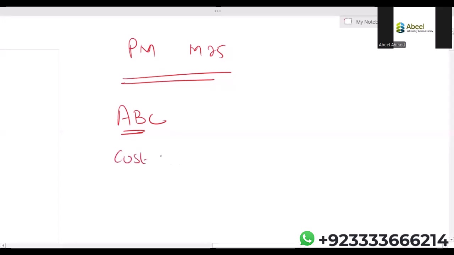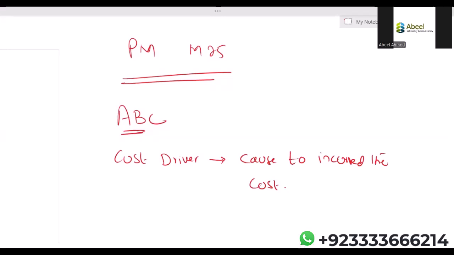Cost driver is the reason to incur the cost, that is the cause to incur the cost.